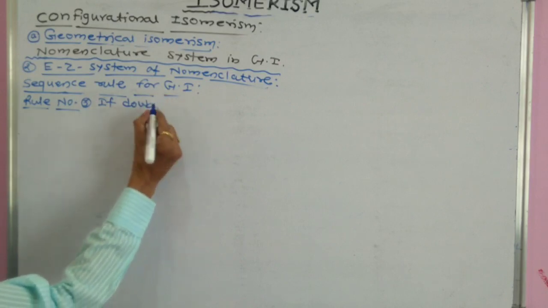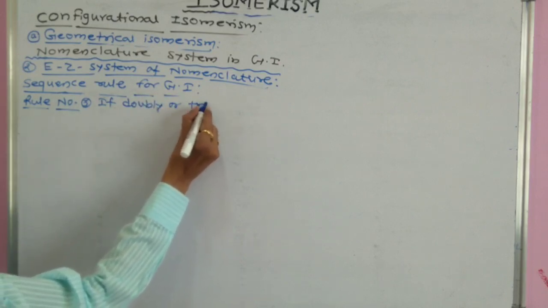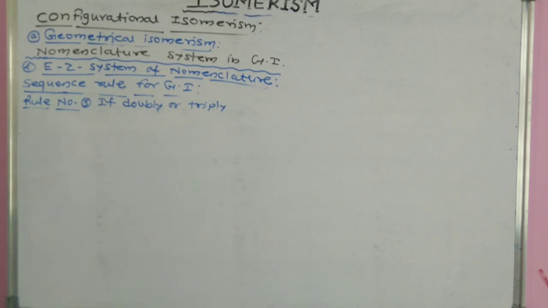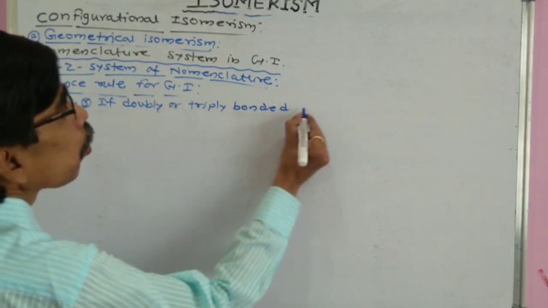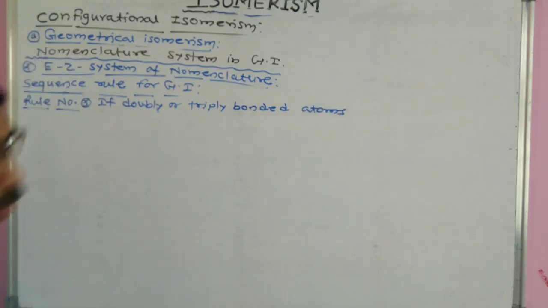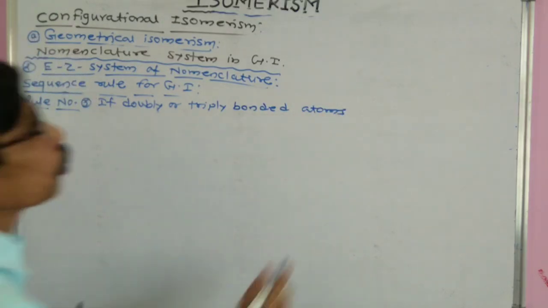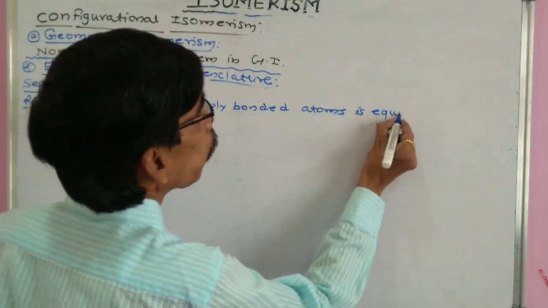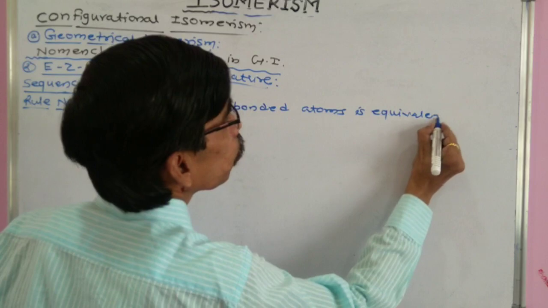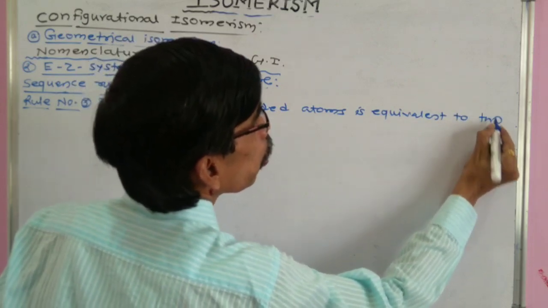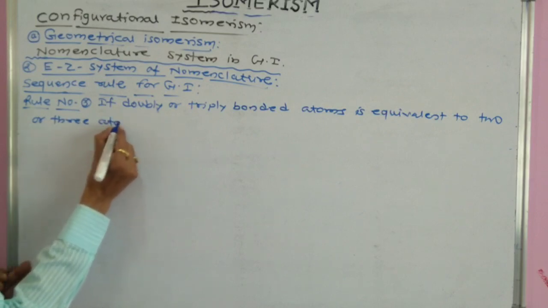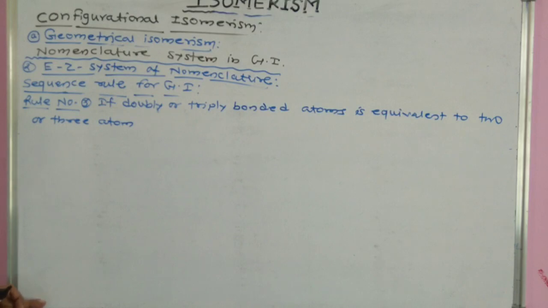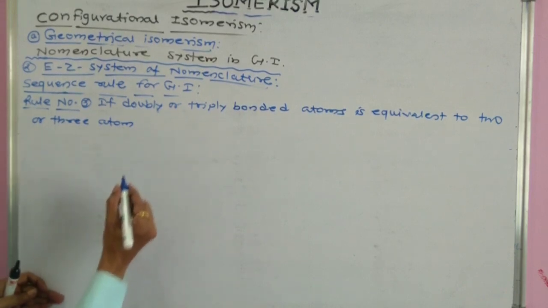Rule number 3. Doubly or triply bonded atoms are equivalent to 2 or 3 atoms attached or linked to the carbon atom.